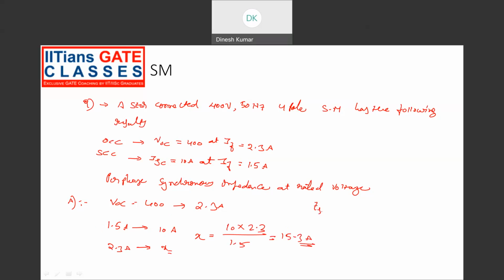The synchronous impedance is per phase voltage, that is 400 by root 3, divided by the short circuit current 15.3 amps. This gives around 15 ohms synchronous impedance.